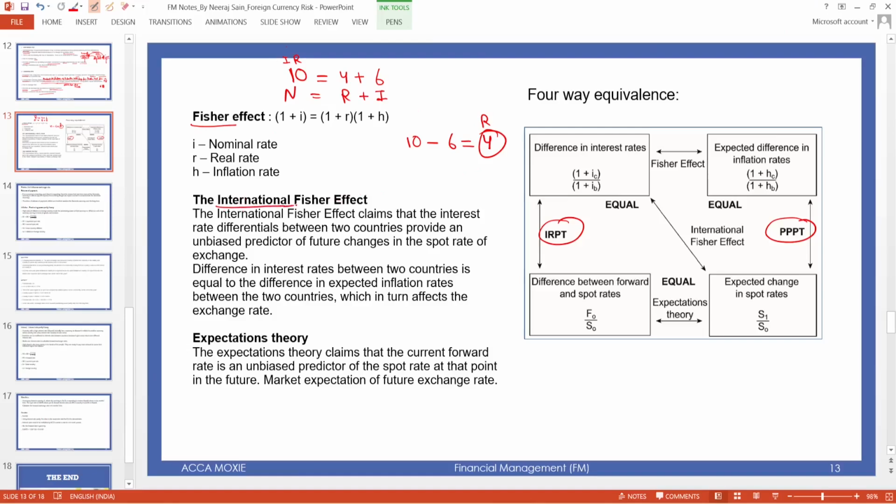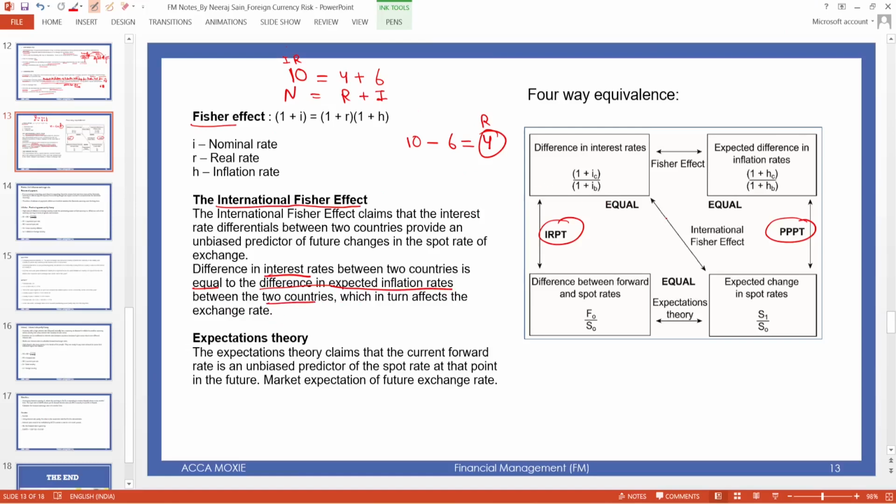The international Fisher effect says that the interest rate difference between two currencies is equal to the difference in expected inflation rates between two currencies, which in turn affects the exchange rate.